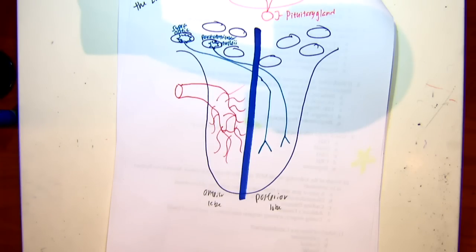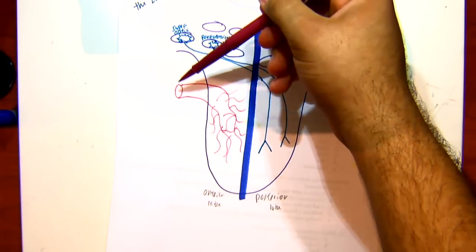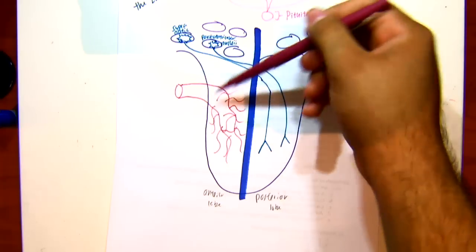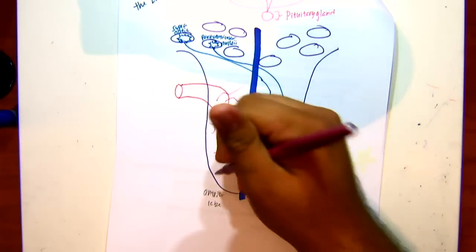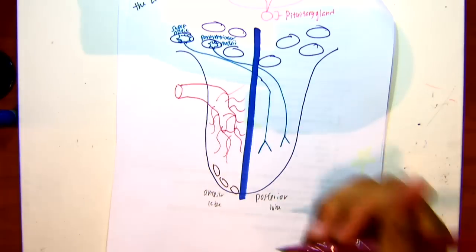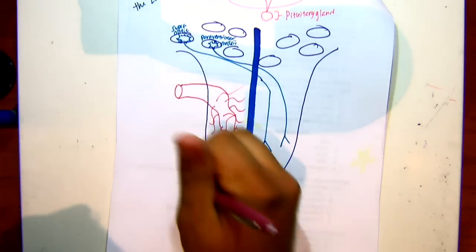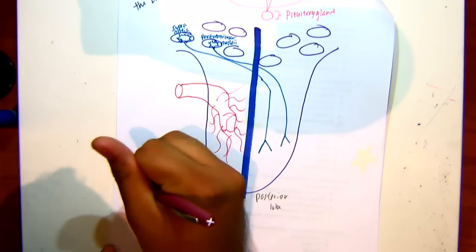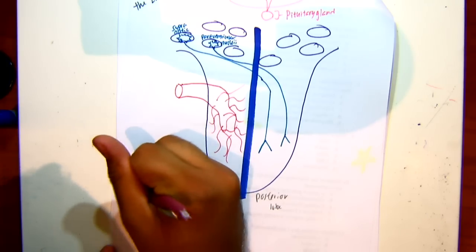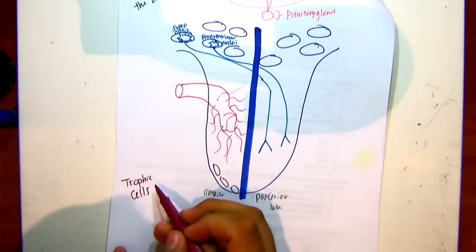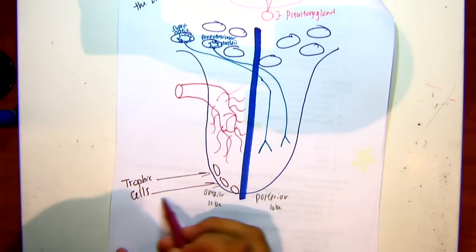In the anterior lobe, when the hypothalamus wants something to get secreted, it'll secrete its hormones through the portal system. And then in the anterior lobe, we have what are called trophic cells, and these are the little things that will do the work, like they secrete the hormones.